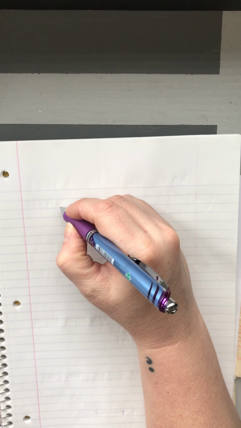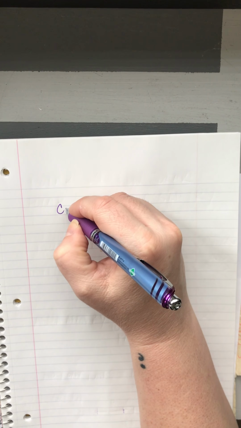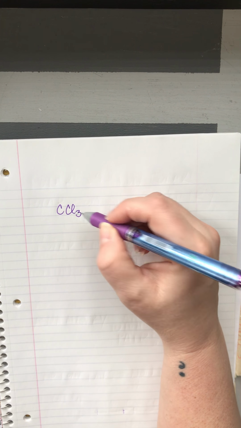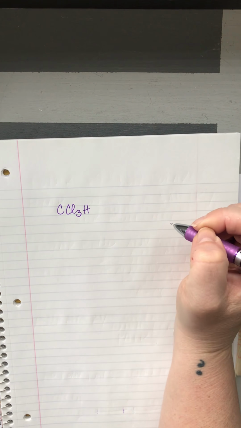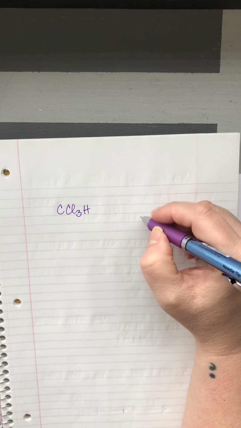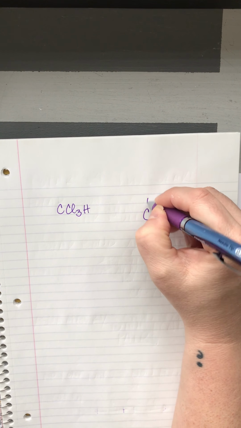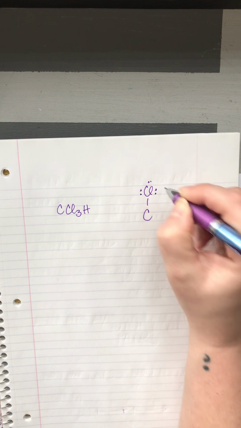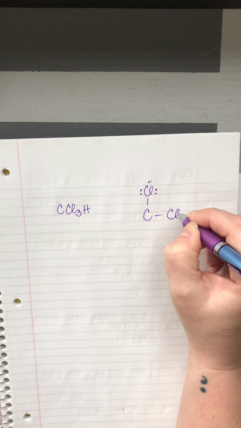Okay, so the other way that we could have asymmetry in a molecule is if we had different attached atoms. So let's say we have carbon, 3 chlorides, and 1 hydrogen, right? So now this molecule, and if you didn't know how to draw this molecule just by looking at that chemical formula, that's okay.